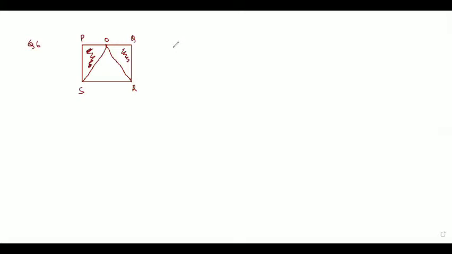So how we will prove it? In triangles POS and OQR, PS equal to QR. Why PS equal to QR?